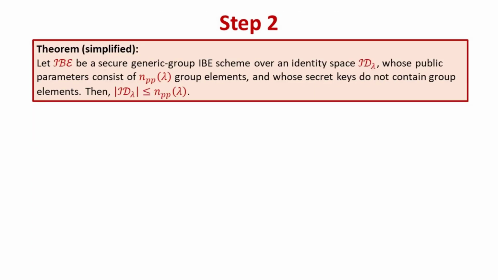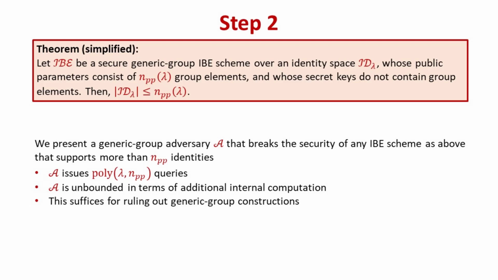In step 2, as I mentioned earlier, we prove that any generic group IBE scheme whose public parameters consist of NPP group elements and whose secret keys do not contain any group elements may support up to NPP identities. This is proved by presenting a generic group attacker that breaks the security of any such scheme that supports more than NPP identities.